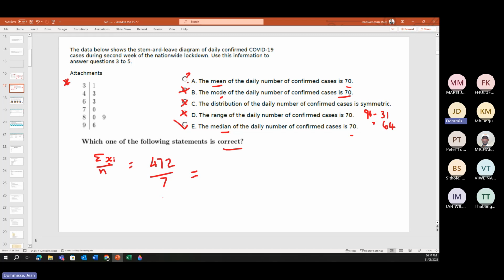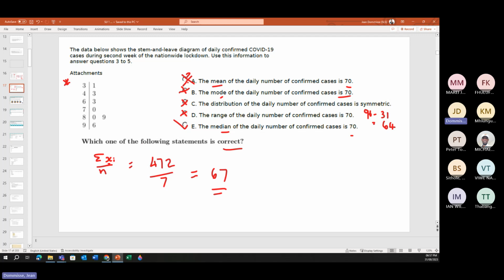So if we wanted to work out the mean, it would have been 472 divided by 7, giving us 67. So again, that first one that we didn't want to calculate, in the end, if we calculated it out, it would have shown us it is incorrect in any case.